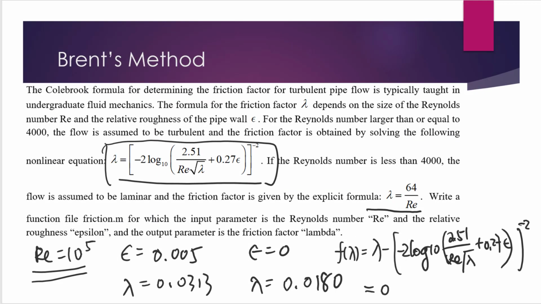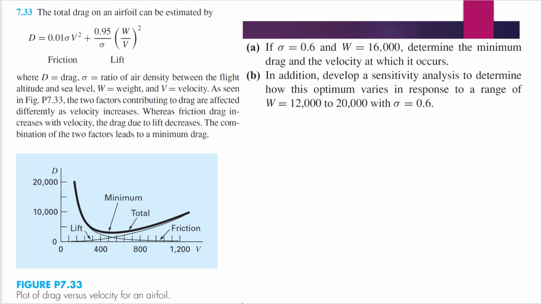And let's see the second problem. The total drag on an airfoil can be estimated by using this formula. D is the drag, sigma is the ratio of air density between the flight altitude and sea level, W is weight, and V is velocity. As seen in this figure, the two factors contributing to drag are affected differently as velocity increases.